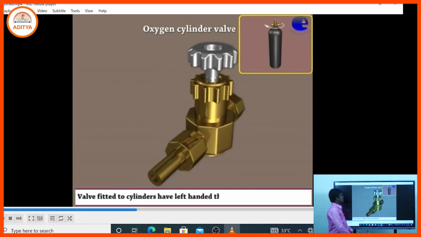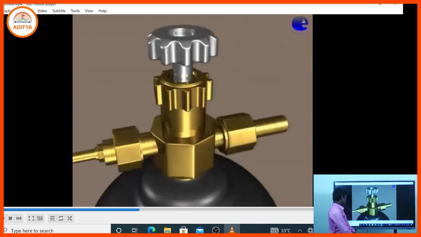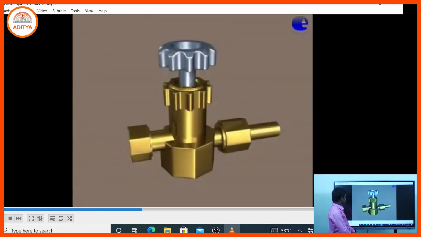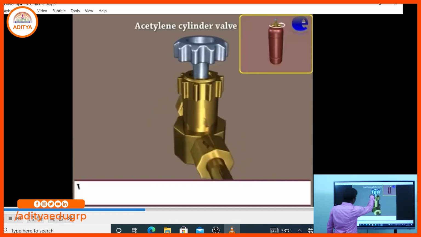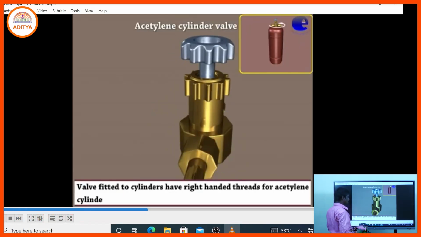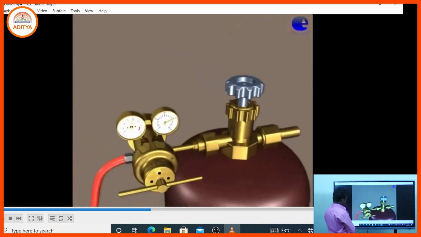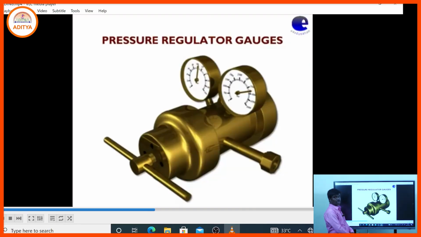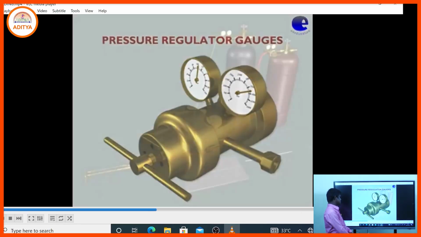Valves are fitted to the cylinders using threads. For the acetylene cylinder there are left-handed threads, and the oxygen cylinder has right-handed threads. Cylinder valves are used to lock the compressed gases.